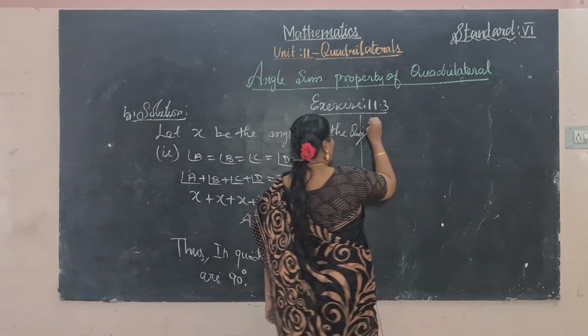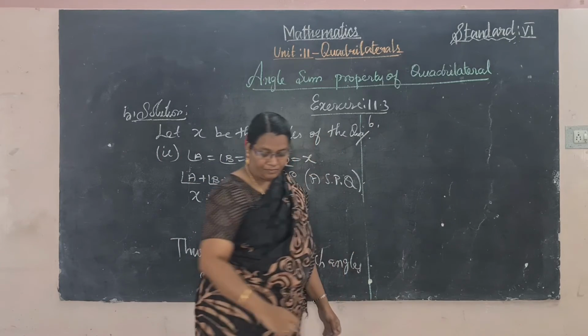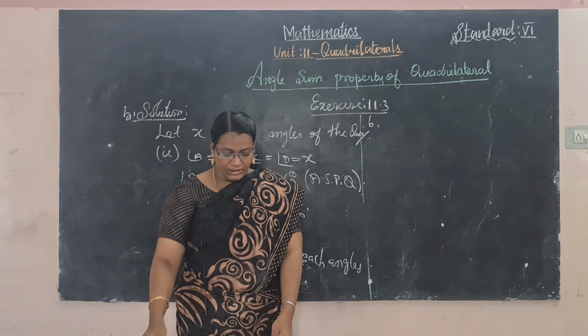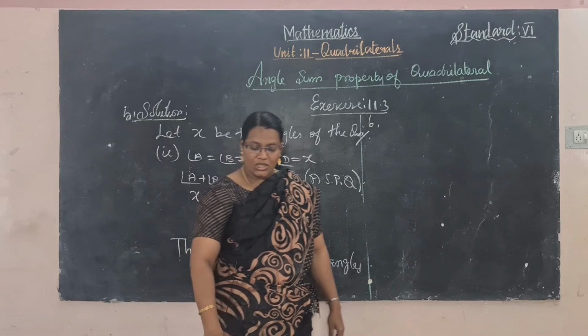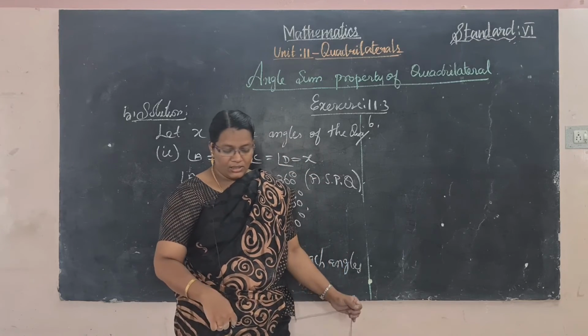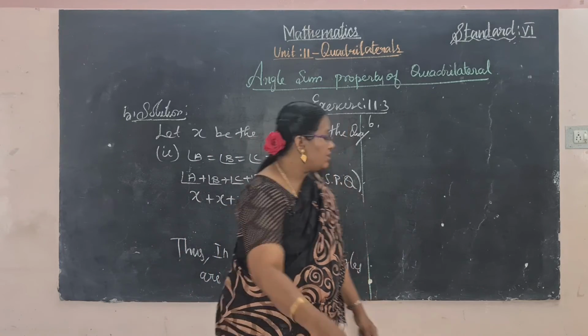Okay, that's it. And sixth one: the four angles of the quadrilateral are in the ratio 1:2:3:4. Find the angles.